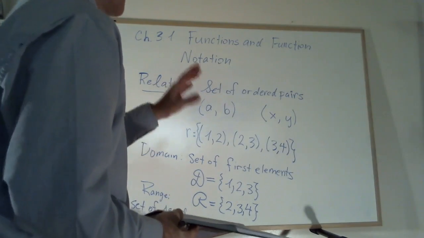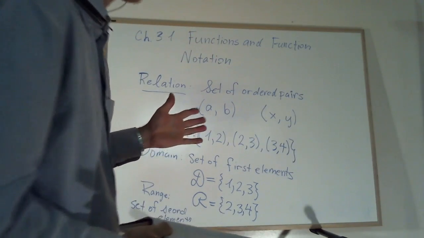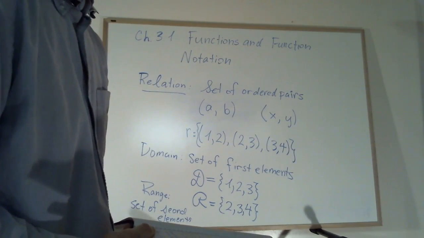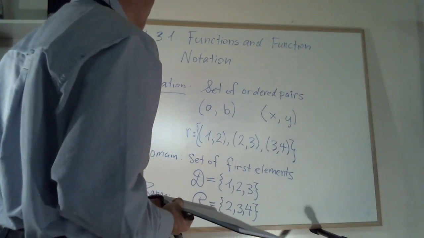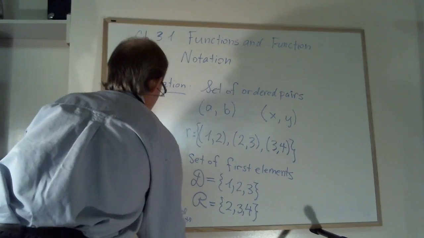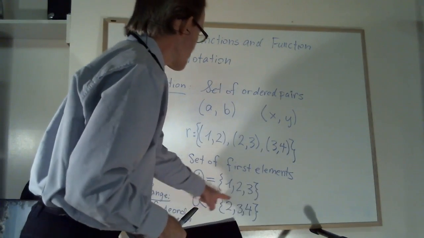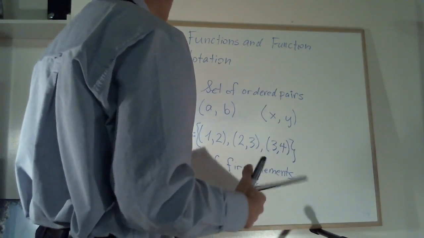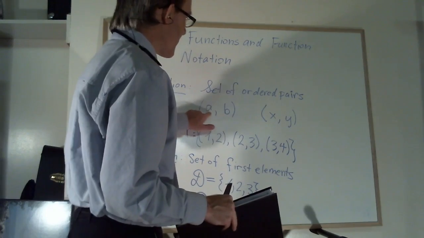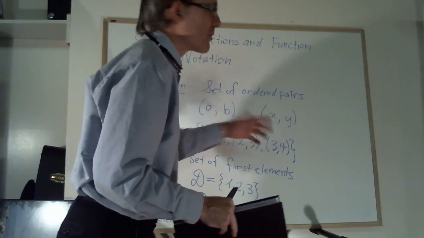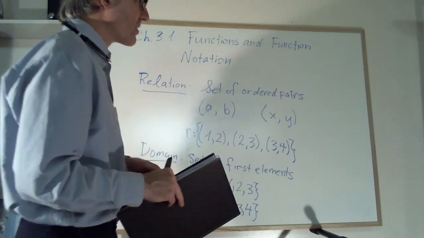Now a relation can be any set of ordered pairs that you like. That will be called a relation. And the domain will then be all the first elements of that relation. The range will be all the second elements of that relation. Usually you'll have numbers in this class. X and Y will be real numbers, or integers, or rational numbers.